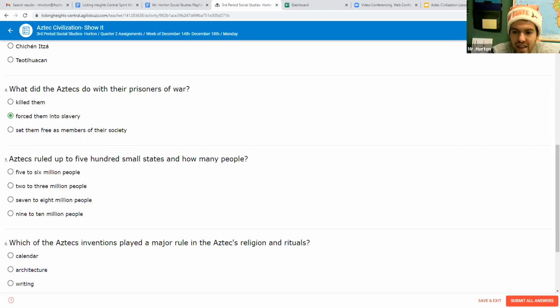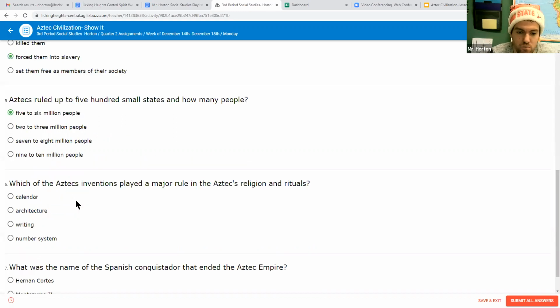Not quite. A little bit more than that. 5 to 6 million. There you go. 5 to 6 million people were at the very height of their civilization. That's how many people were a part of the Aztecs. As they took over more villages and more tribes, they grew up to be about 5 to 6 million people strong.